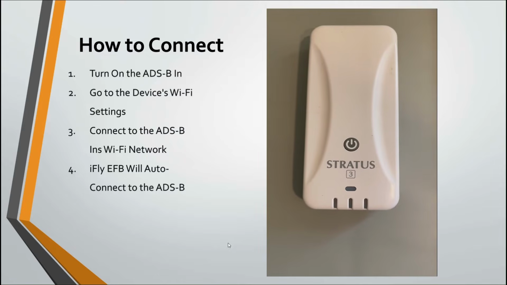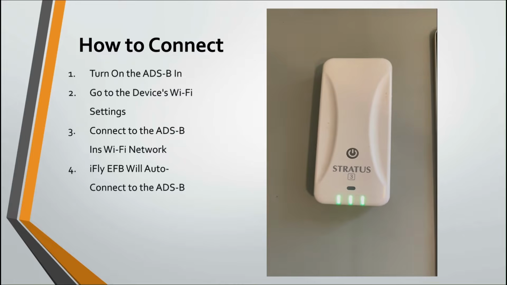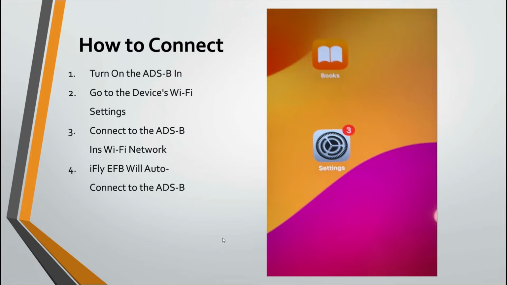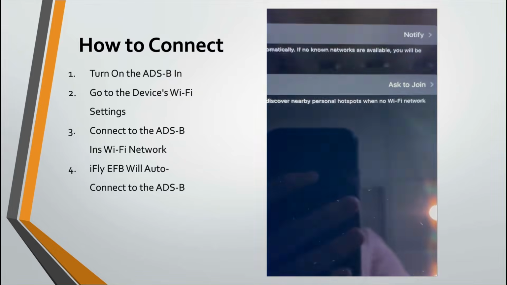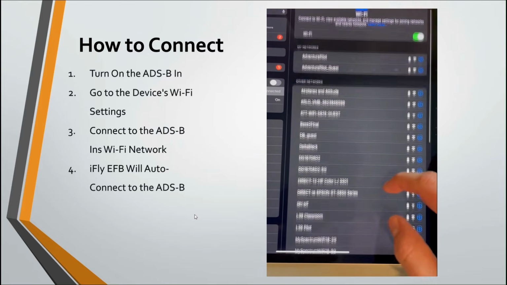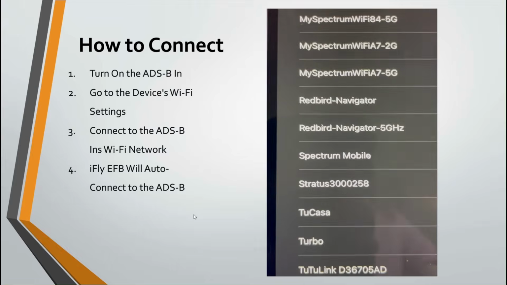Now let's go over how to connect an ADS-B In. First off, turn the ADS-B In device on. Next, go to the device's Wi-Fi settings. The example here is an iPad, but it is very similar on Android devices. Find the ADS-B In's Wi-Fi network.